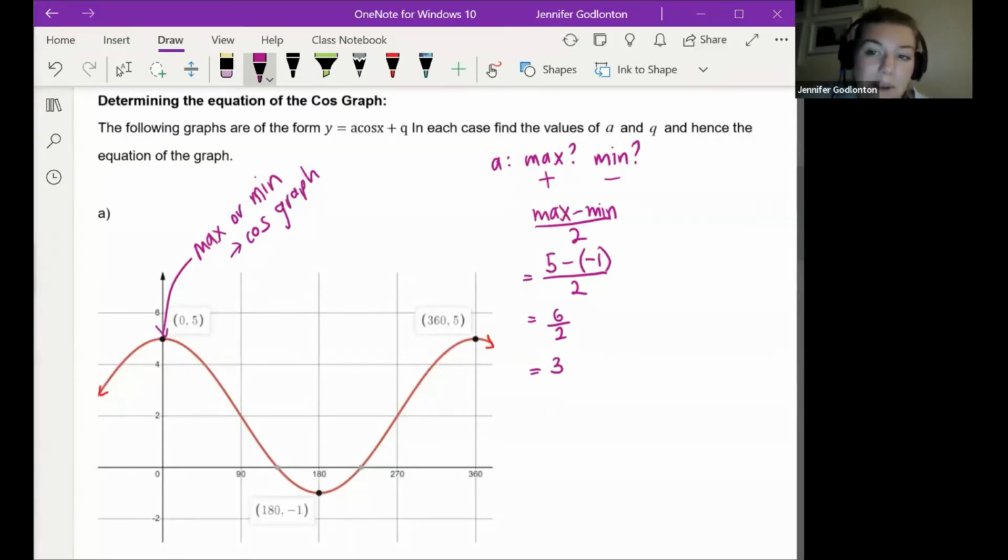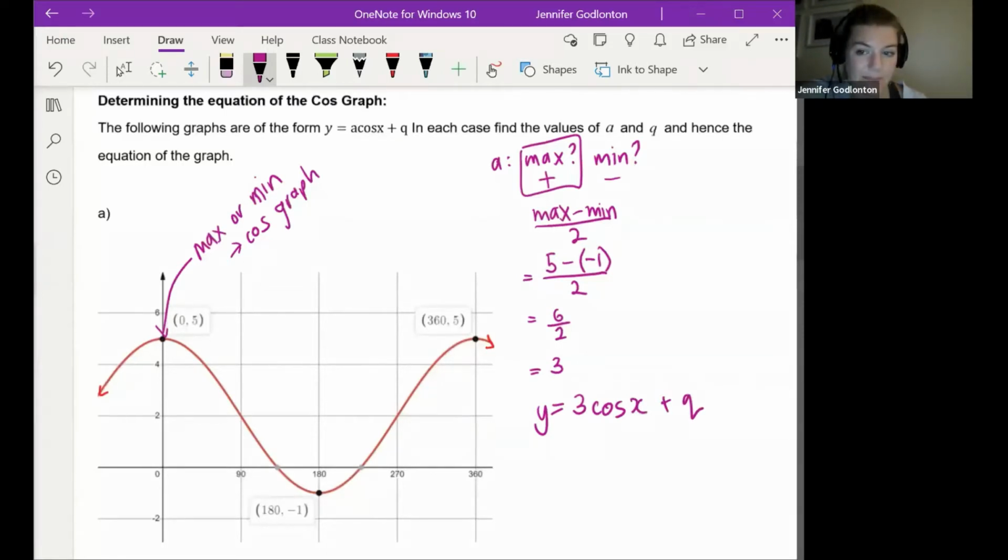We've already established that it's at a maximum, which means it's positive. So far, we know our graph is y equals positive 3 cos x plus q. Finding A shouldn't be too difficult.